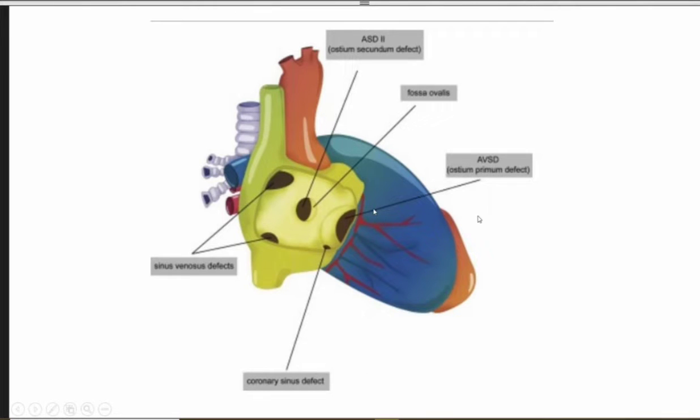So you have the septum primum ASD at the level of the crux. Then we have the fossa ovalis ASD at the level of foramen ovale. Then we have the sinus venosus ASD high up at the level of IVC-SVC insertion, and we have coronary sinus ASD at the level of the coronary sinus insertion. These are the 4 types of ASDs.